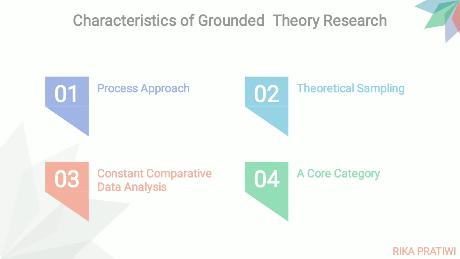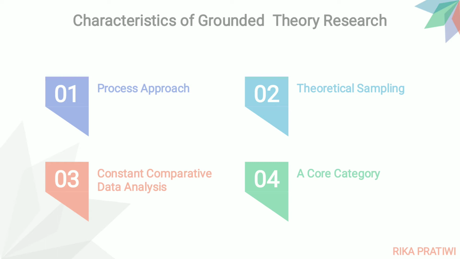Theoretical sampling means that the researcher chooses forms of data collection that will yield text and images useful in generating a theory. This means that the sampling is intentional and focused on the generation of theory.